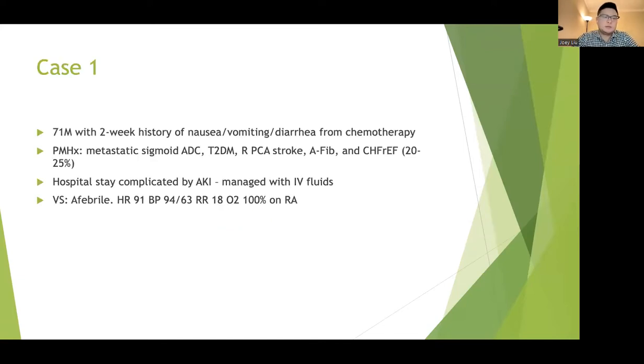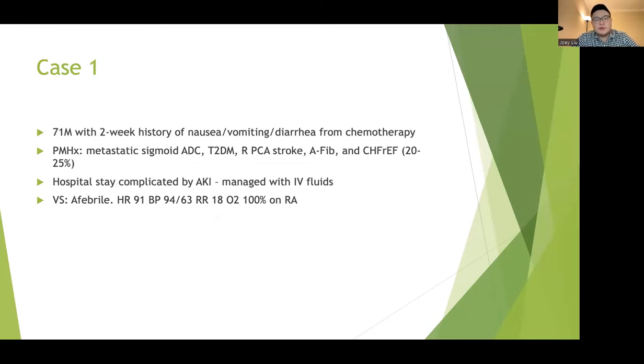In case 1, we have a gentleman who is 71, who comes in with a 2-week history of nausea, vomiting, and diarrhea from recent chemotherapy. His medical history is significant for metastatic sigmoid adenocarcinoma, type 2 diabetes, previous stroke, AFib, and known reduced ejection fraction congestive heart failure with a previous EF estimate of 20 to 25% a couple years ago.